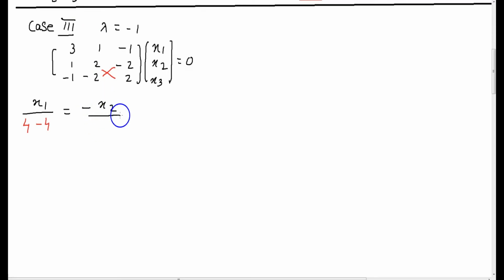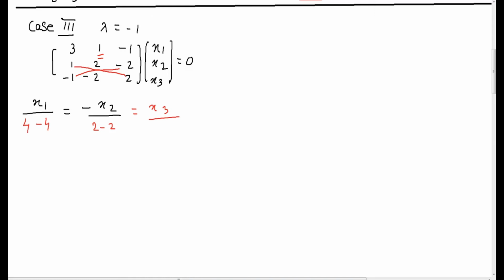Minor of a12 is 1 minus 2 minus 1, 2, and cross multiplying we get 2 minus 2 equal to x3 by minor of a13.